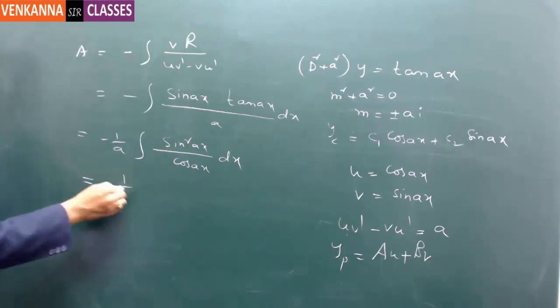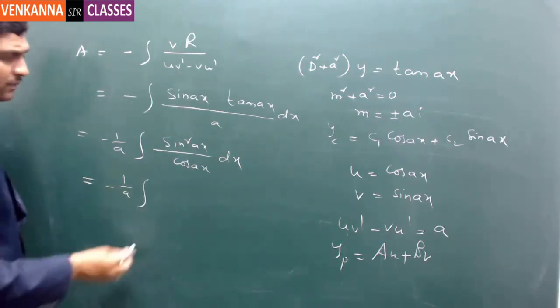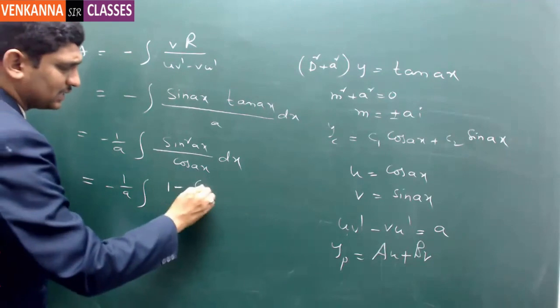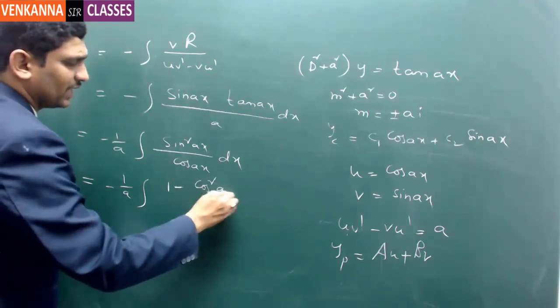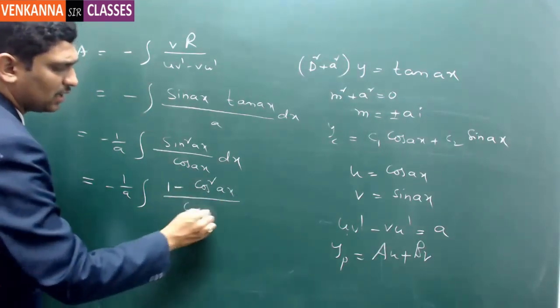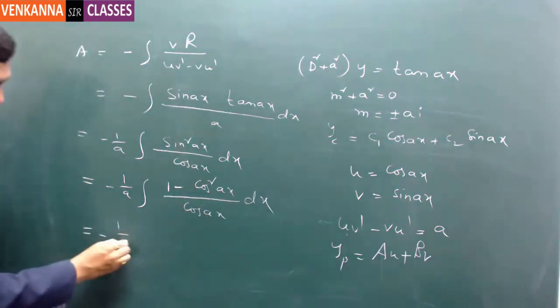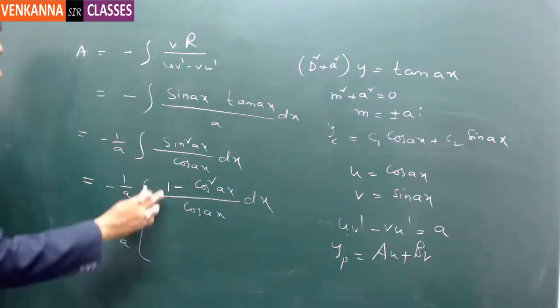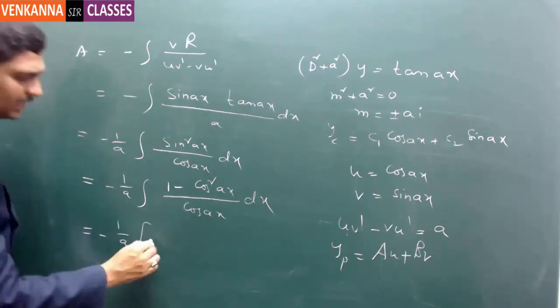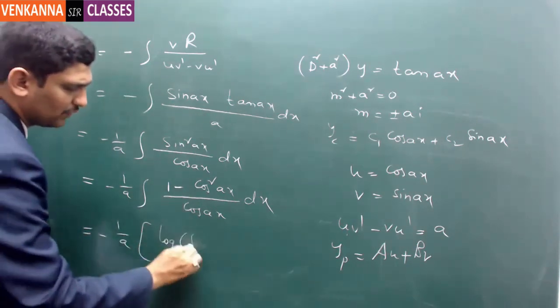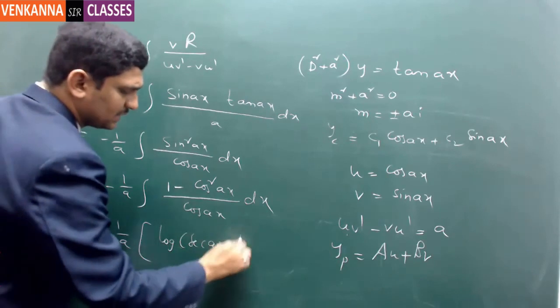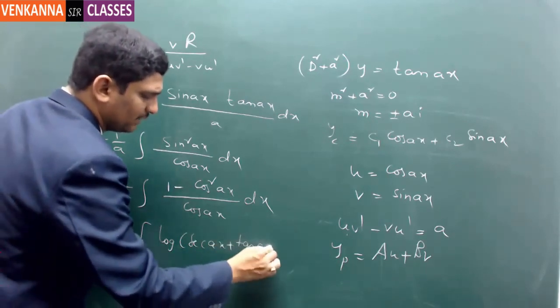Equals to minus 1 by a integral of 1 minus cos square ax by cos ax dx. So doing integration, 1 by cos ax is secant ax, integration is log of secant ax plus tan ax by a.